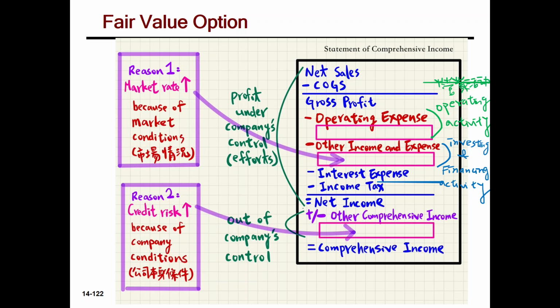So from case 1, because of the market, I got a gain. But which activity is this gain from? Financing, right? Liability means financing. I don't have the money, so I borrow money from creditors. This is financing. So I have a gain, $20,000, from financing activities.